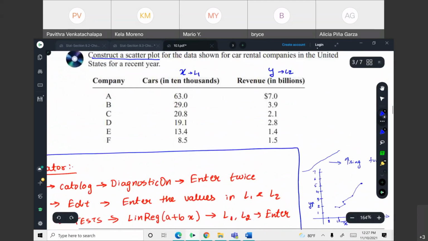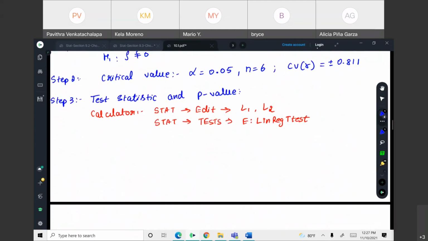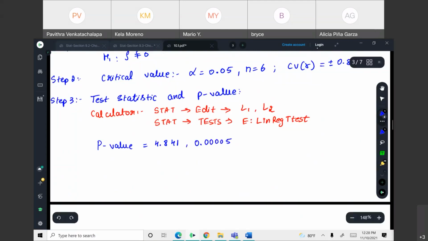Anyone with the answer? Okay, so that's your p-value, or so you got p-value as 4.841. Okay, you get 0.00005. How many zeros? Any other answers?